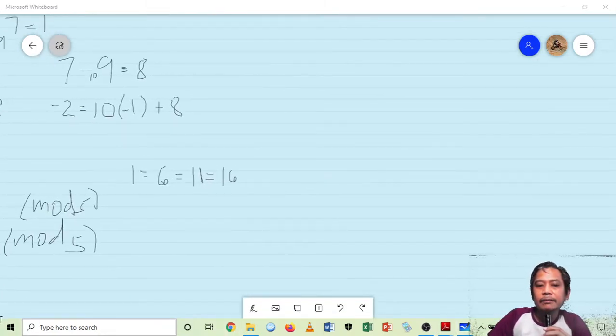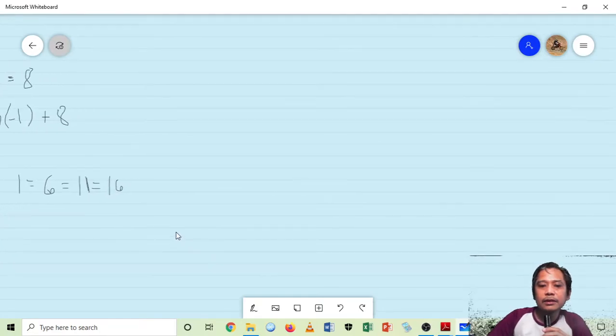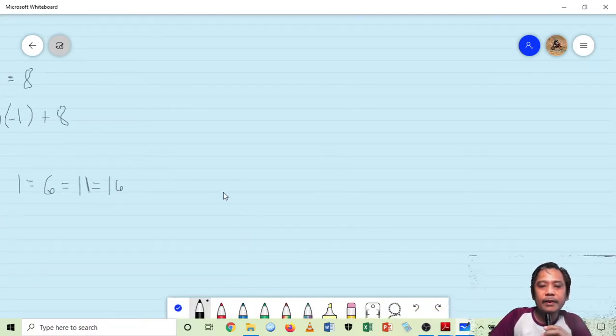Let's take another example of modular division. Say, for example, 2 divided by 3 in modulo 7. Suppose this is x.